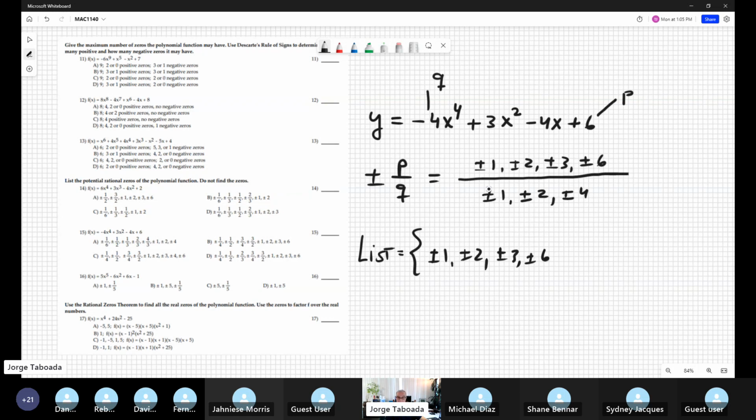Okay, this is the answer when you consider the first number in the denominator, and the second is plus or minus 1/2, plus or minus 3/2, because 2 over 2 is 1, no, and 6 over 2 is 3, I have 3 in the list, and the last number is 4, it would be plus or minus 1 over 4, 1/4, and plus or minus 3/4. Is the option D in this case. That one.